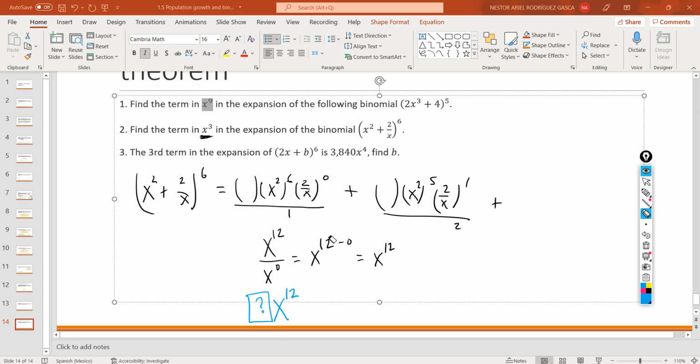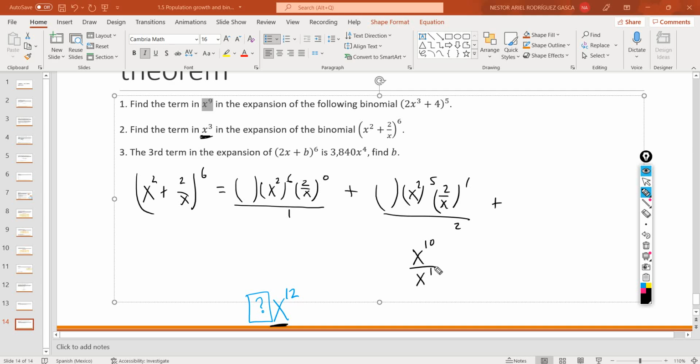And let's do the same for the second and the third term. For example, in here, what's going to be eventually the variable part of this term? Well, we get x squared to the 5, so we get x to the 10, right? And then we get x as a denominator raised to the 1. So basically, in the end, after you raise this denominator to the 1, you will have x to the 1 as a denominator.